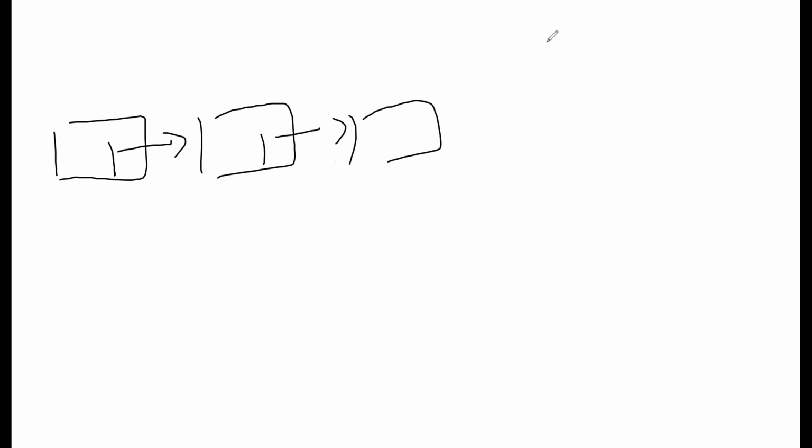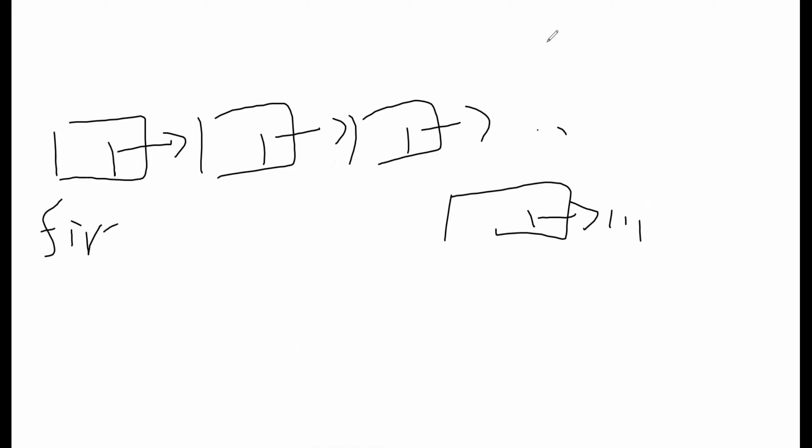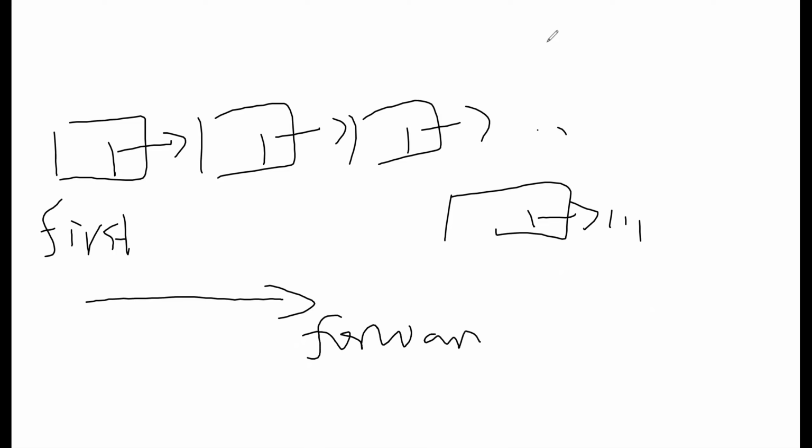And another way, what we just discussed of this concept, is this linked way. So we start from the first node all the way to the end, and you always let the first node point to the second node, point to the third node. It's one dimension, a forward direction, from the first all the way to the null.